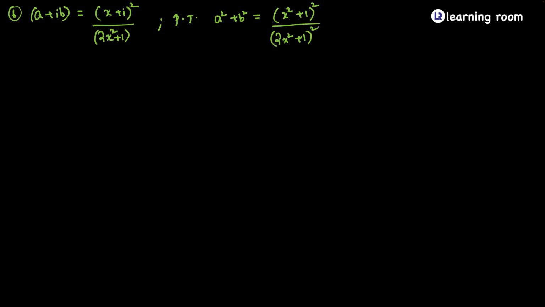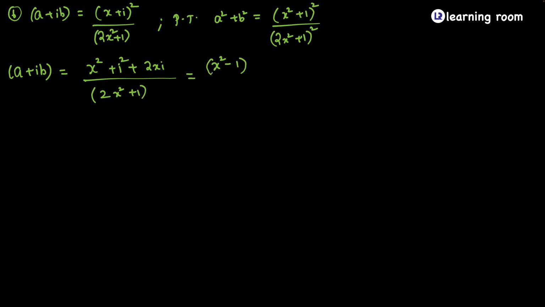So if you observe here, this is not completely in the standard complex number form. Right? So for that, what we will do is, if I take a plus ib here, a plus ib is equal to, if I square this, what will I get? You will have x square plus i square plus 2x into i, the whole divided by 2x square plus 1, which implies this is equal to x square minus 1, because i square is minus 1, plus 2xi divided by 2x square plus 1.